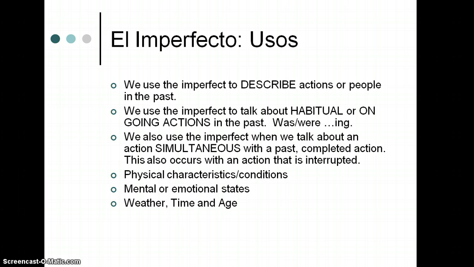Since we use the imperfect to describe actions or people in the past, that's going to include things like physical characteristics and conditions, mental or emotional states, weather, time, and age. So if I want to say how someone's feeling, if they're sick, estaba enfermo, for example. If I want to describe their physical characteristics, era inteligente, I'm going to use the imperfect to do that generally.